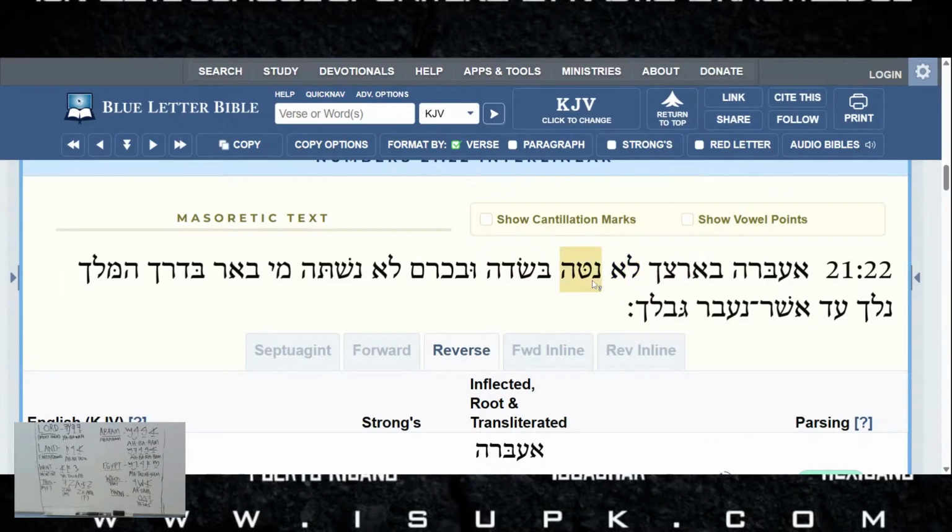La'a nata. Nata. Ba shada. Wa ba karam. La'a nashatha maya ba'ar. Ba dabar. Silake. Ba darak. Hamalak. Na laka. Id ashar. Na ibar. Ga bala. Ga Slaki. Gabal ka.